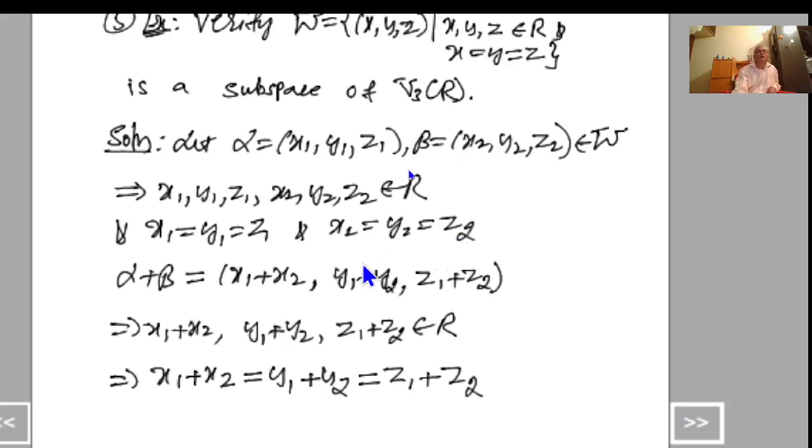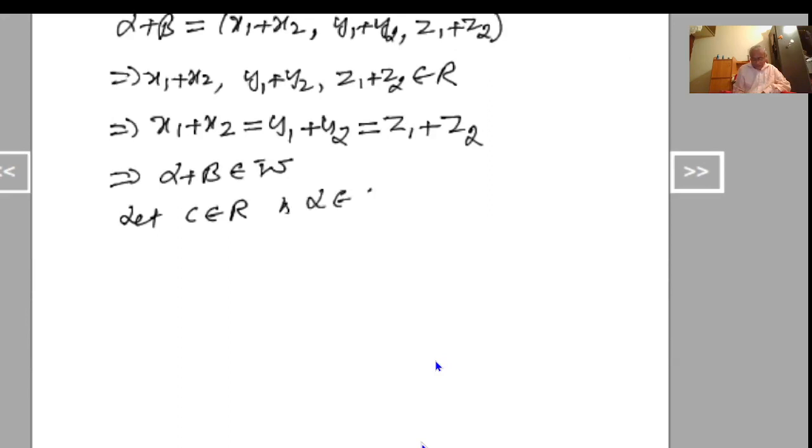So here we have that x1 plus x2, y1 plus y2, z1 plus z2 belongs to R and x1 plus x2 equal to y1 plus y2 equal to z1 plus z2. Therefore, we say that alpha plus beta belongs to W. This implies alpha plus beta belongs to W.